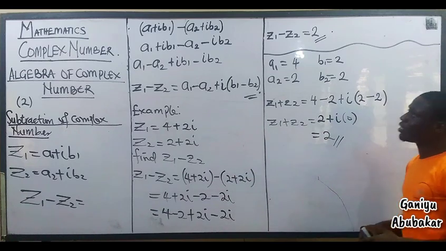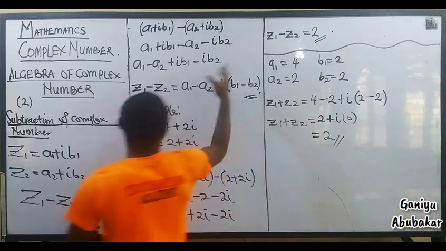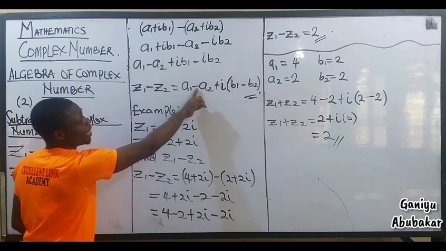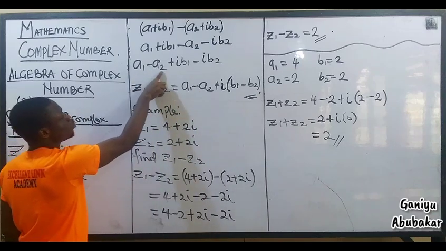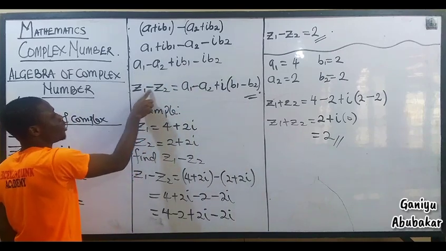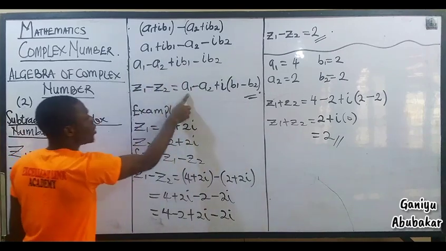Please note that there's a mistake here. The mistake is quite simple: I put positive here. It should be negative. So a1 minus a2 plus ib1 minus ib2. So I have z1 minus z2 equal to a1 minus a2.